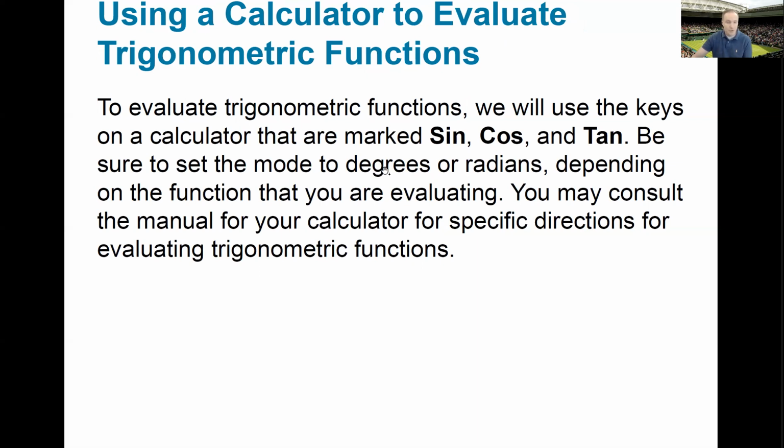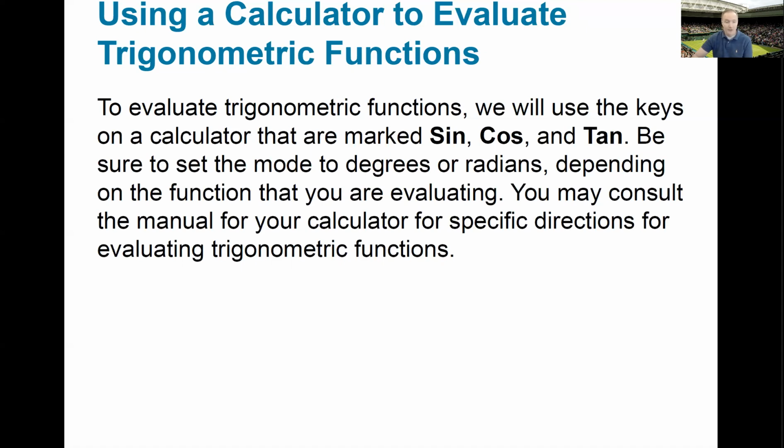Just make sure you understand what you're supposed to be in on any particular problem, and it should be extremely obvious. For degrees, you have to see the degree sign within the sine, cosine, or tangent function to be in degree mode. Otherwise, if you don't see a degree sign, it's implied that it's in radians, whether it explicitly says radians or not.